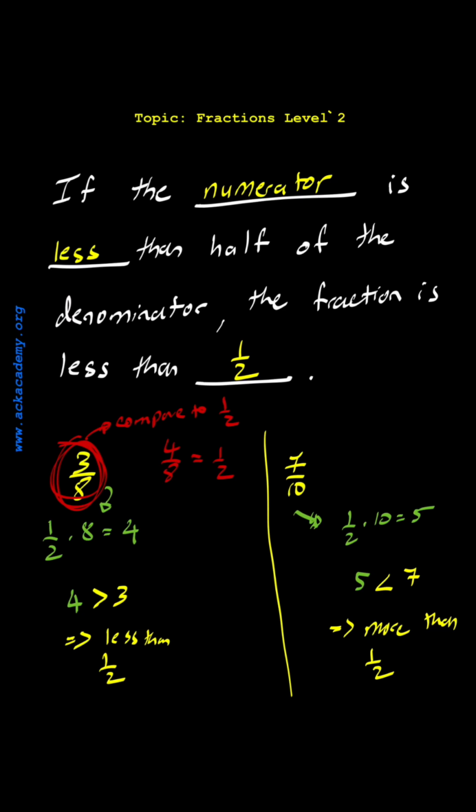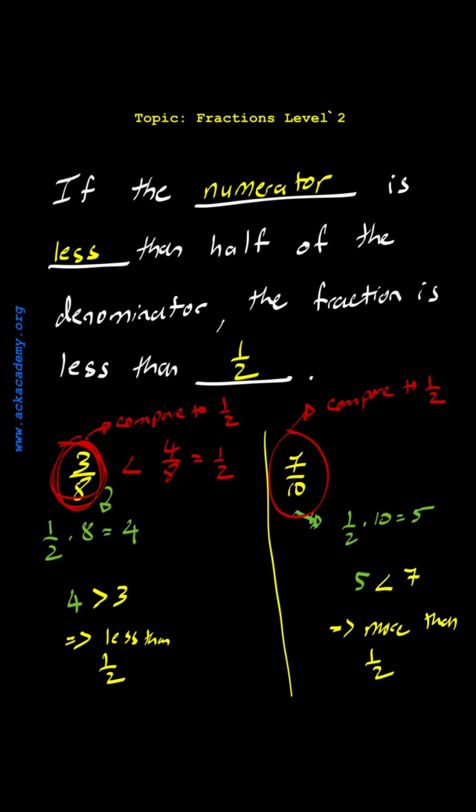And we notice that the 4 over 8 is greater than this 3 over 8, which makes that 3 over 8 less than 1/2. So again, we're trying to compare this to 1/2, and the only way to compare that to a half is to figure out how I could make a half out of this.